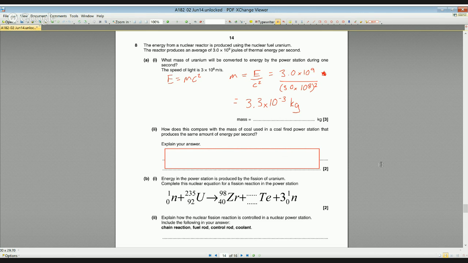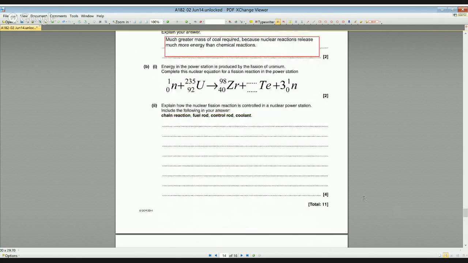When you're burning coal in a coal-fired power station, you're releasing the energy through combustion. That's a chemical reaction. So it will be a much greater mass of coal required, because nuclear reactions release much more energy than chemical reactions.